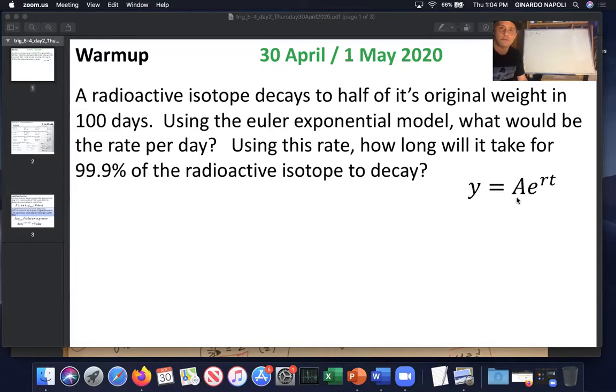So a radioactive isotope is an unstable element. It's usually because it has more neutrons than protons, or more protons than neutrons. I can't remember which it is. It might be both. But it makes the nucleus very unstable, so it tends to break apart and spit out a lot of energy. And when it breaks apart, if you have half the number of protons, then you're a different element.